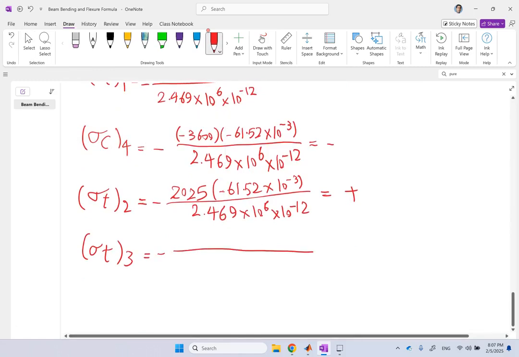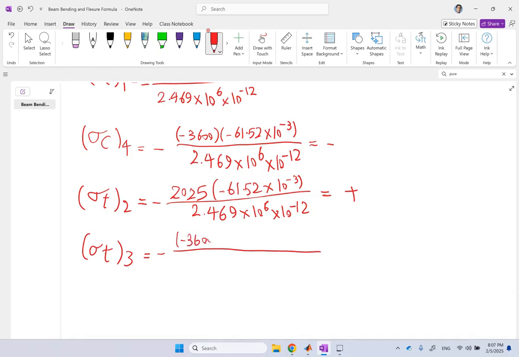The last one, the M of it is negative 3600, and the y of it is that 1848 positive.